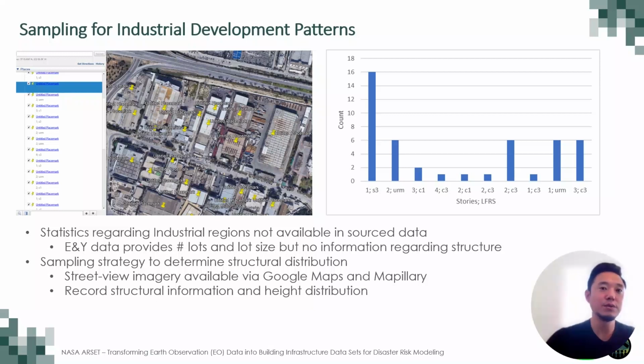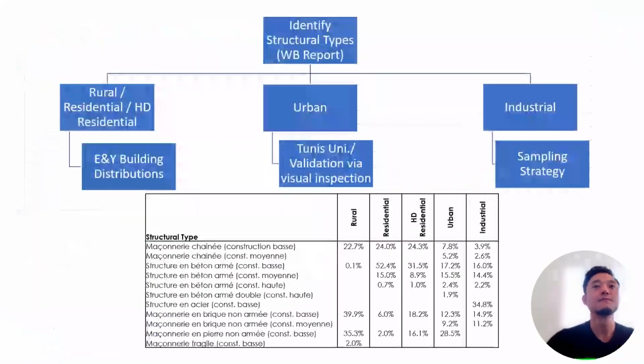So what we had to do was survey these regions throughout the country, and we recorded both the number of stories and the associated structural type using the information that we already had from the previous studies. So we ended up coming up with this distribution for industrial development patterns seen on the top right.